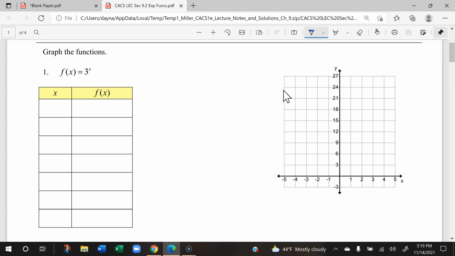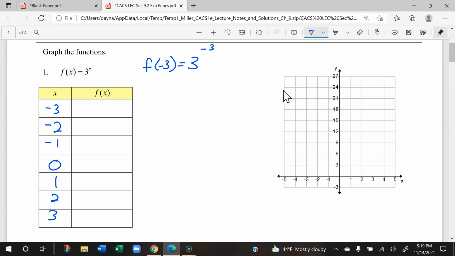I can look at -3, -2, -1, 0, 1, 2, and 3. If I plug in a -3, that means f of -3 is equal to 3 raised to the -3. Well, I know what 3 raised to the 3rd power is.